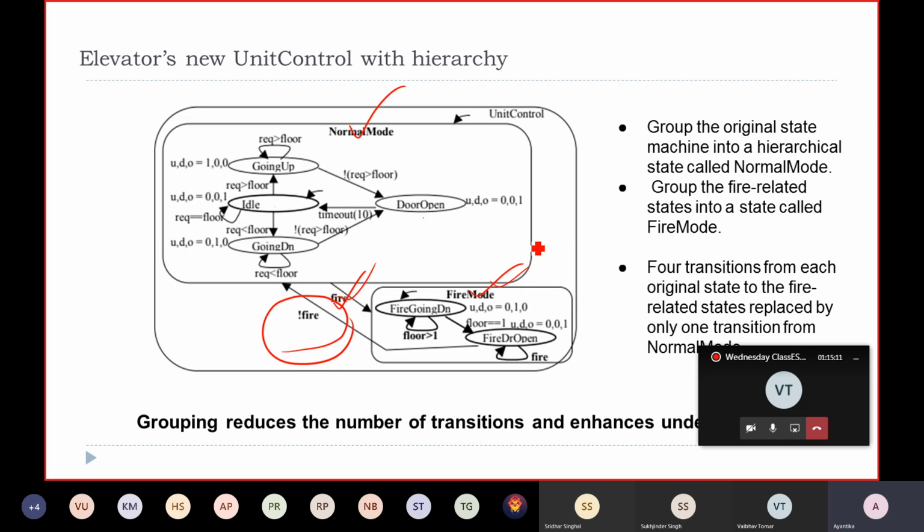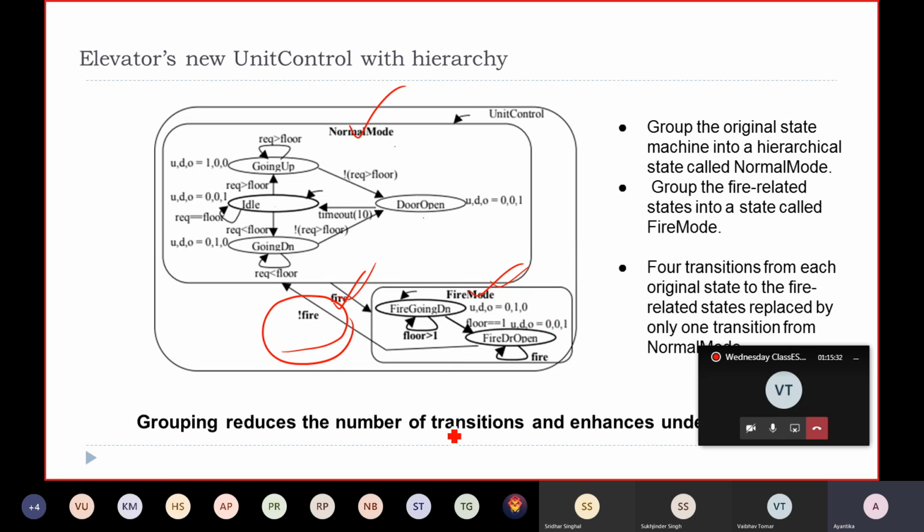One is transition immediately. That means the fire control input priority should be set so high that in normal mode, wherever you are, in whichever state, you have to come out to this fire mode immediately.